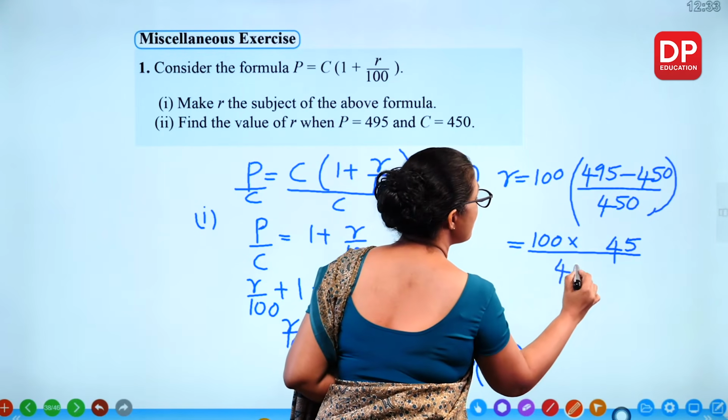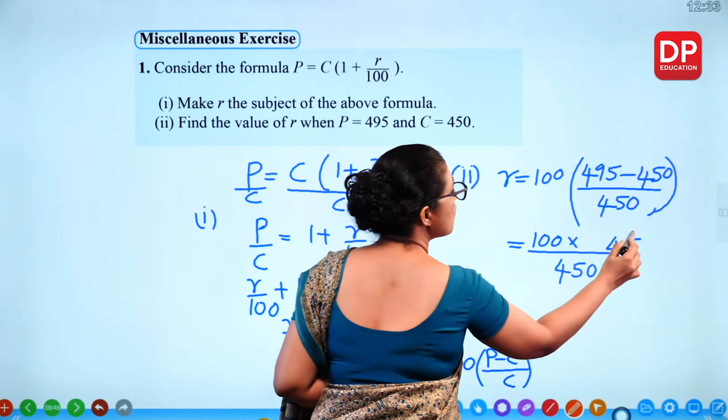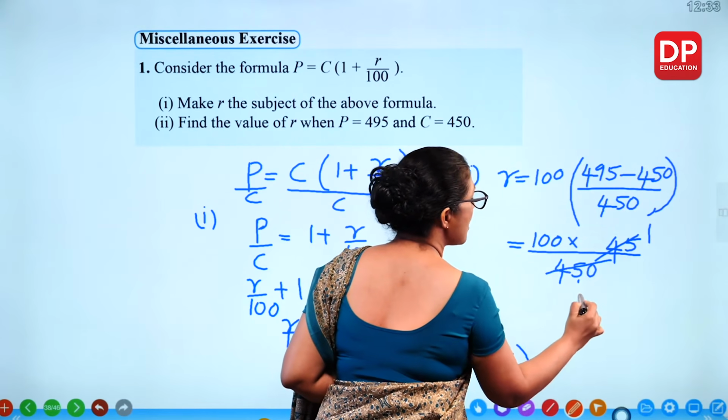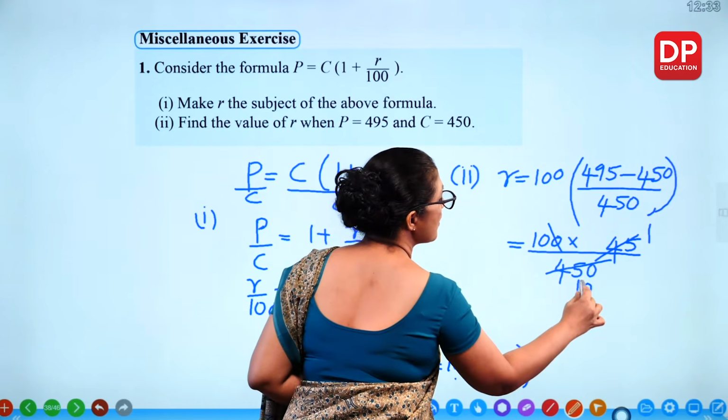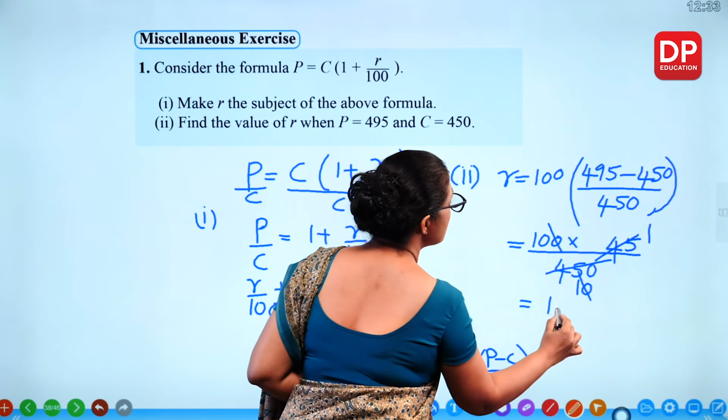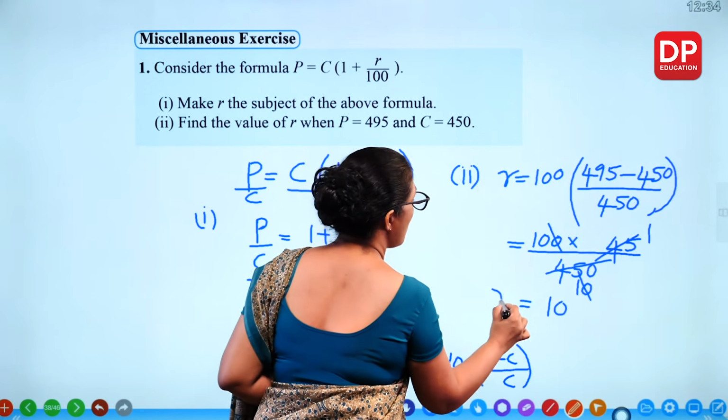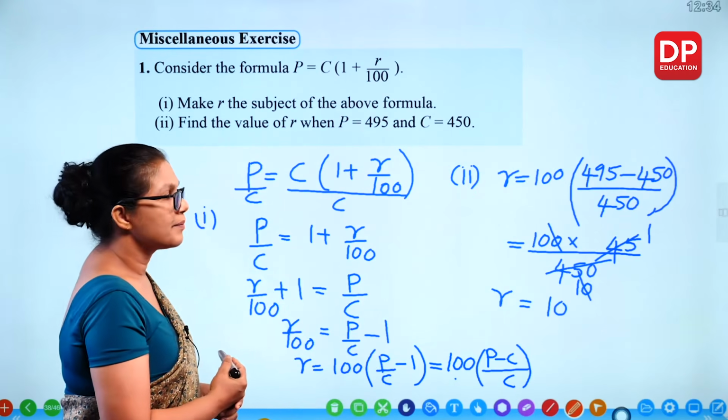Divide by 450. 45 times 1, 45 times 10. The zeros get cancelled out. So the answer is 10. So r equals 10.